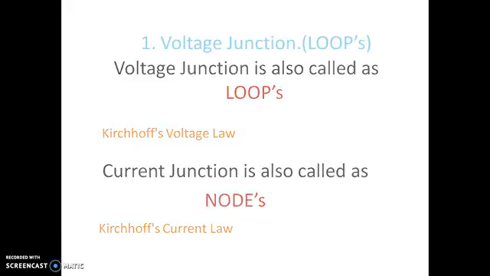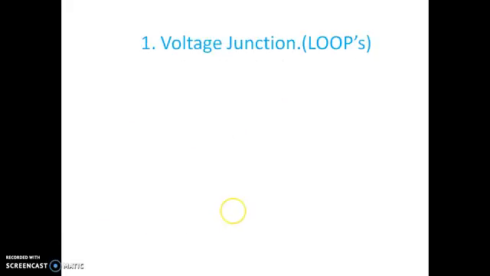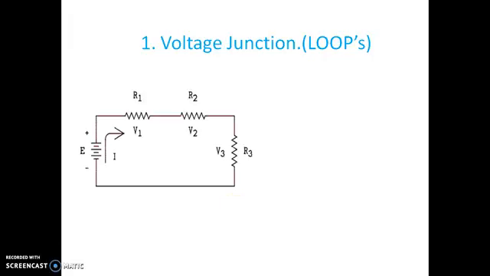So let's see what the voltage junction is, which is nothing but the loop. Let us take a circuit with resistors and a voltage source. There is one circuit in which there are three resistors and one energy source. In this circuit I am naming the resistors R1, R2 and R3.